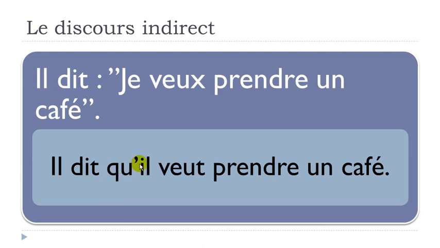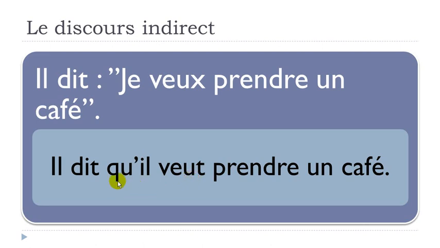So you will put this que as we had previously, and you will need to change je, you will need to change it into il, okay, because that's the subject, il. The verb should be at the third person, so have a look here. First person it's with X at the end, third person is with T at the end. Prendre un café, it doesn't change. So normally it's the subject and the verb that will be affected if they are, okay?